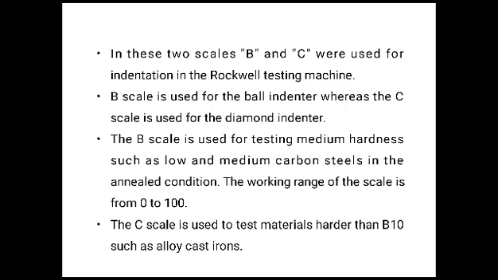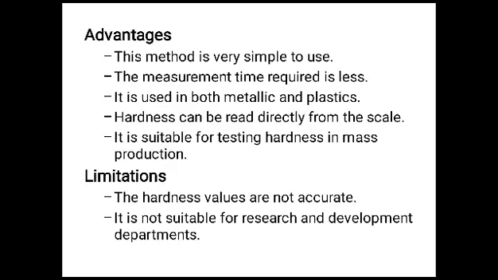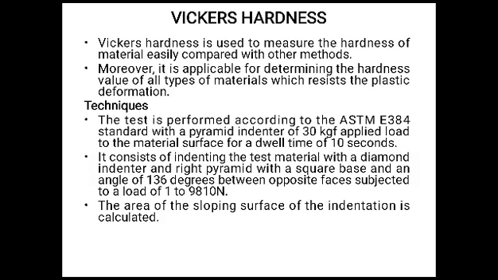The B scale is used for testing medium hardness, such as low and medium carbon steel. The C scale is used to test harder material than the B scale, such as cast irons. The method is very simple and the measurement time required is less. Limitation: the hardness values are not accurate, and it is not suitable for research and development departments.